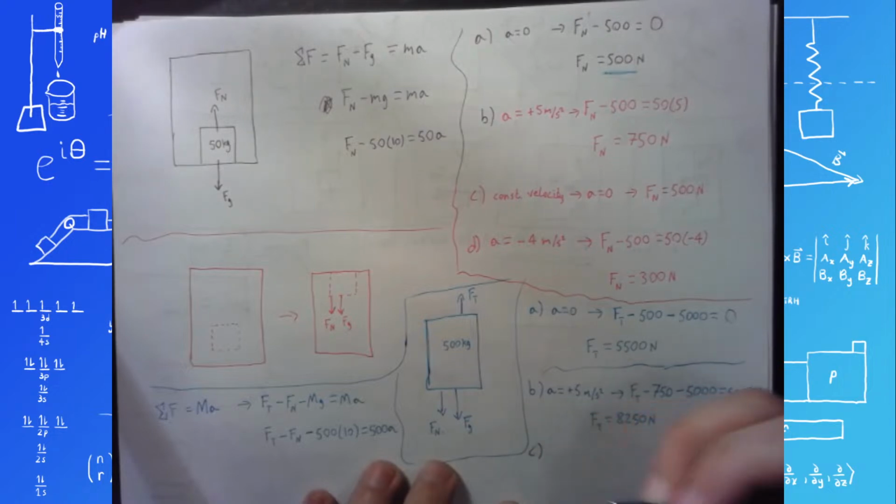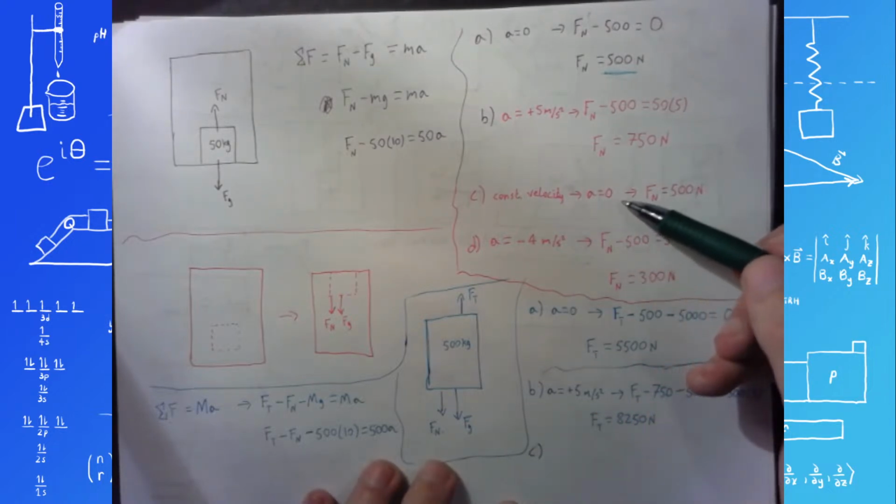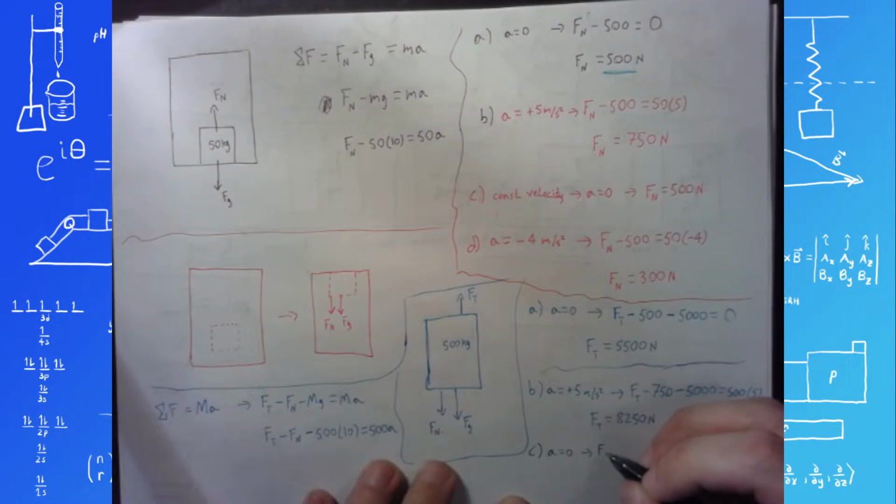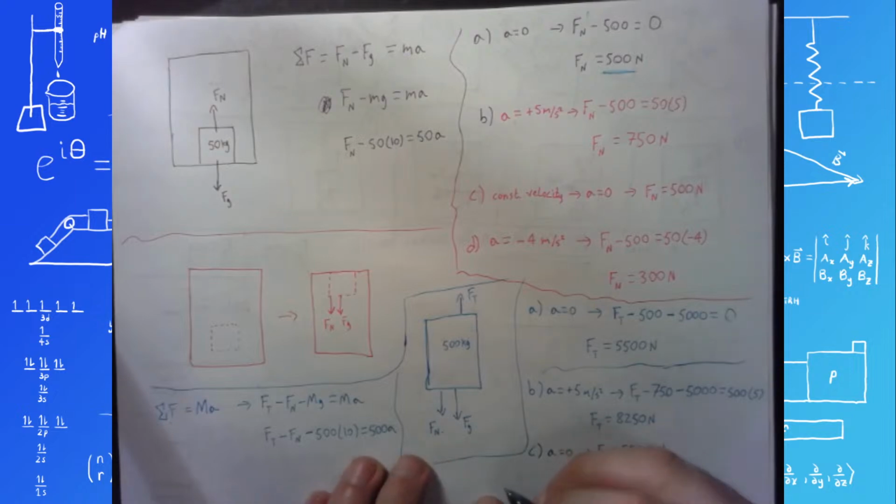Actually, we can skip part C because part C is when you have a constant velocity, which is going to be the same as when your acceleration is 0. We're just going to get the same scenario we got for part A. Force of tension would be equal to 5,500 newtons again. Okay, so that part's done.